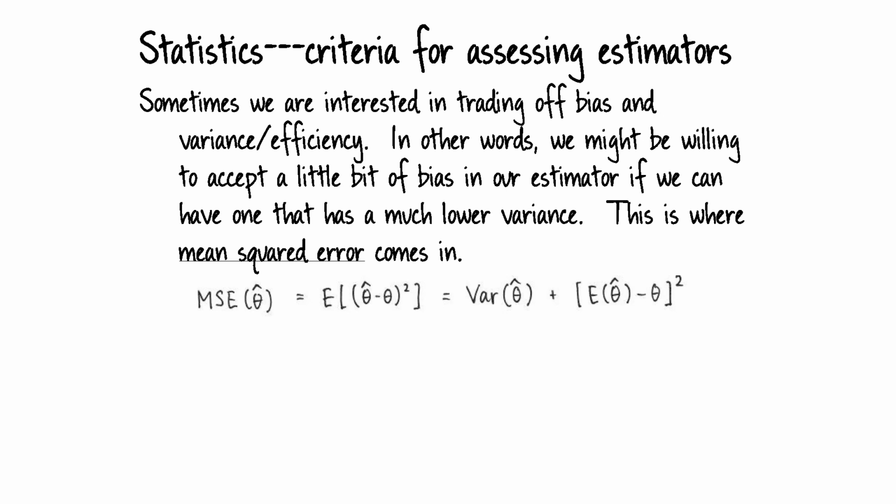So, fine. Suppose we have an estimator that has a small variance, and then we have another estimator that has a larger variance, but it's unbiased. Sorry, the first one is biased, has a small variance. The second one is unbiased and has a large variance. How do we know which one to choose? Well, there's no right answer.